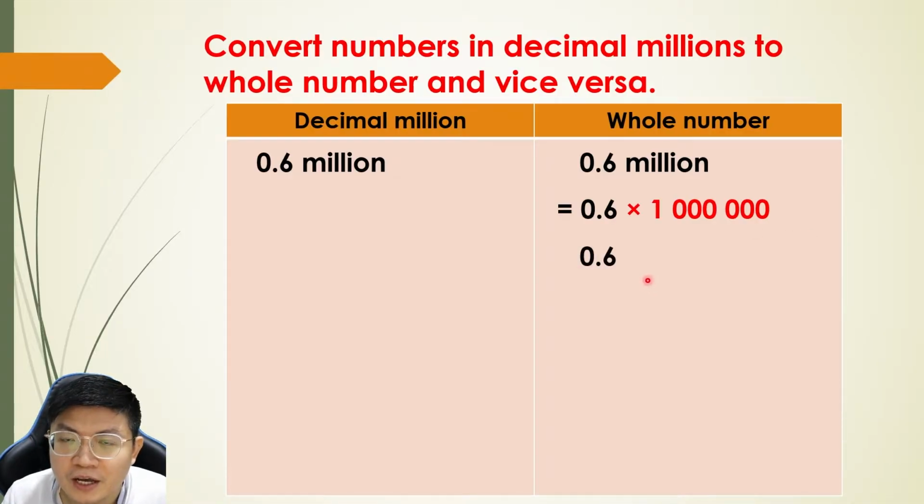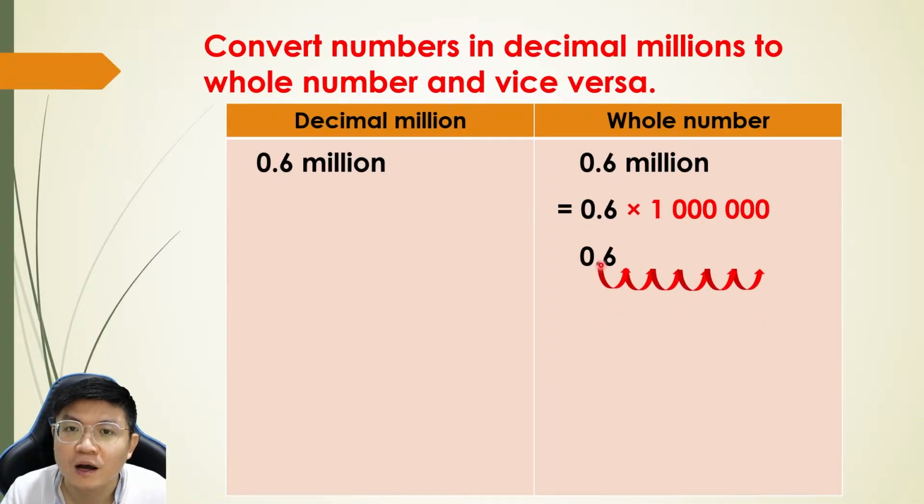So how do you do that? By taking the decimal number, you shift right by 6 times. 1, 2, 3, 4, 5, 6. The decimal point here is actually moved to here already. So there are holes generated from the move here. The holes I will insert with 0.